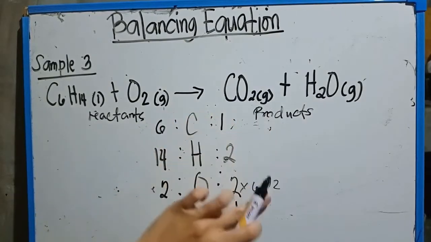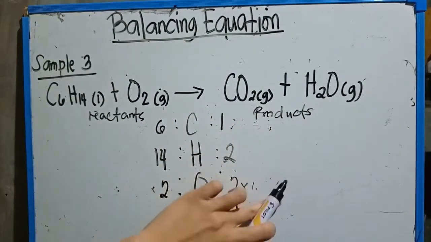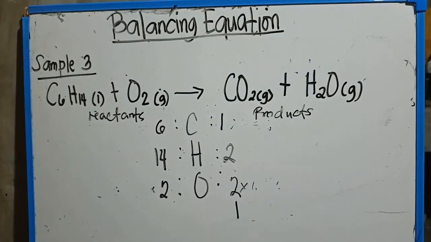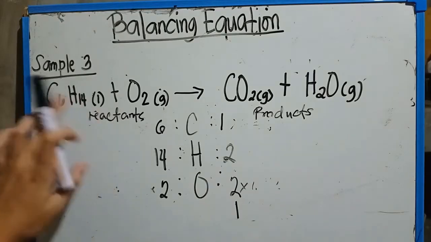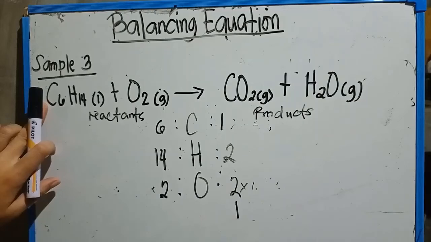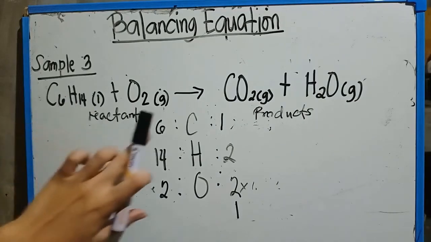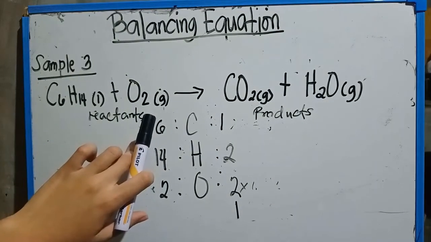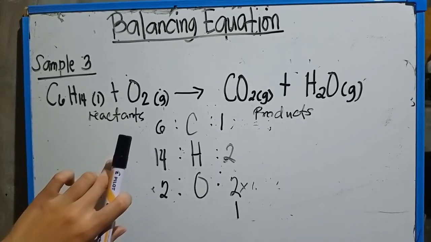So kung 3 naman, dili pwede kay 1 times 6. Kung 6 na 7, dili pwede ang 7. Kung 8, so affected pa rin ang oxygen and hydrogen. So mugamit diri og 2. Kani siya 2 times 6 may mug 12.